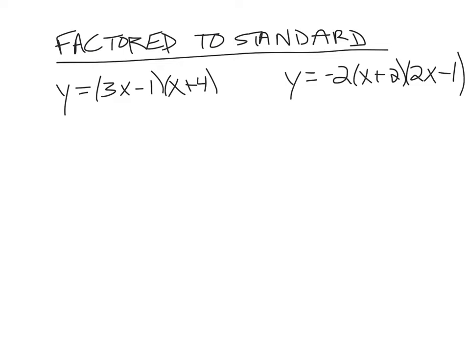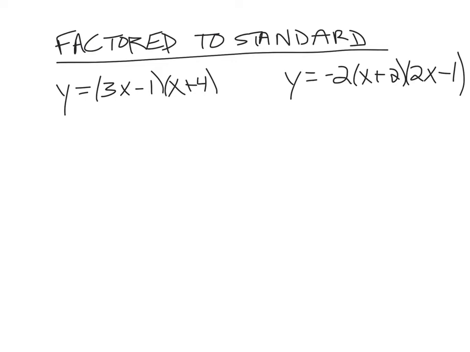in this video. One thing that can help is to cover up the y equals and think about what you'd usually do. So if I imagine covering up y equals in the first problem, you have two binomials being multiplied together, which usually we would multiply out using either FOIL or the area model.